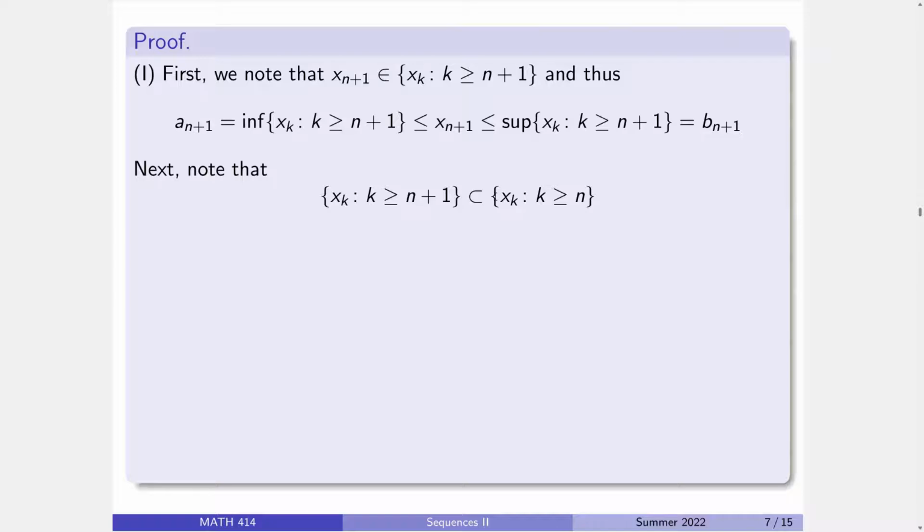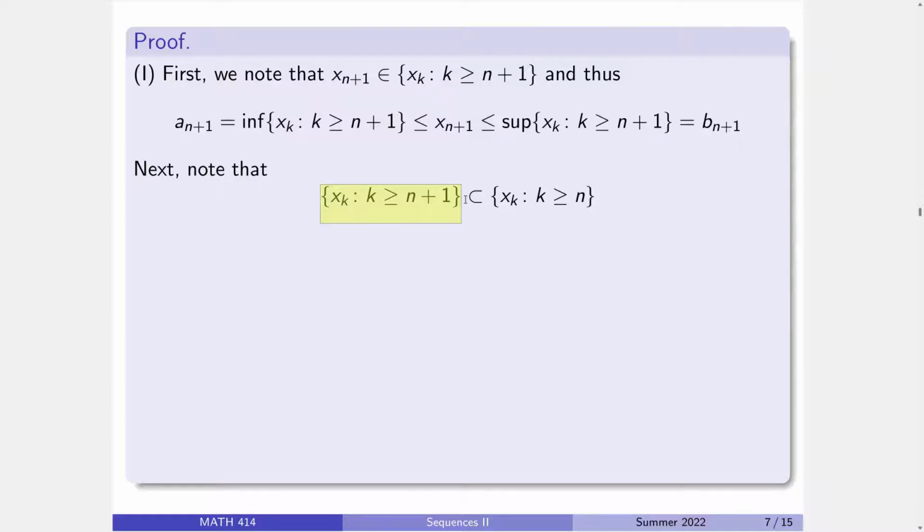So that means the infimum of this set is a lower bound for this one, and since the infimum of this set must be the greatest lower bound, that means the infimum on the right is less than the infimum on the left. And right, at first glance that goes maybe a little bit against your intuition, but remember, this set has less elements. I took things away. And if I take things away, my infimum can only ever get bigger.